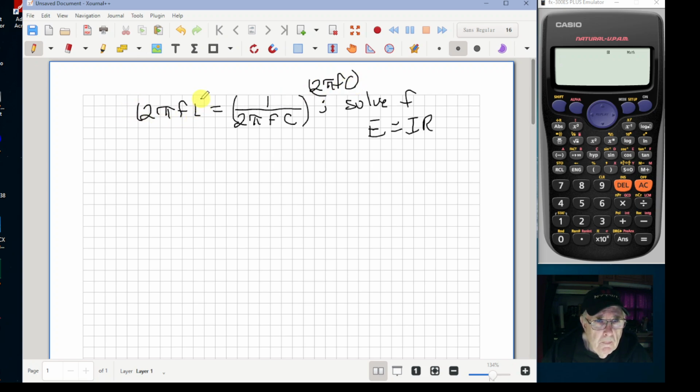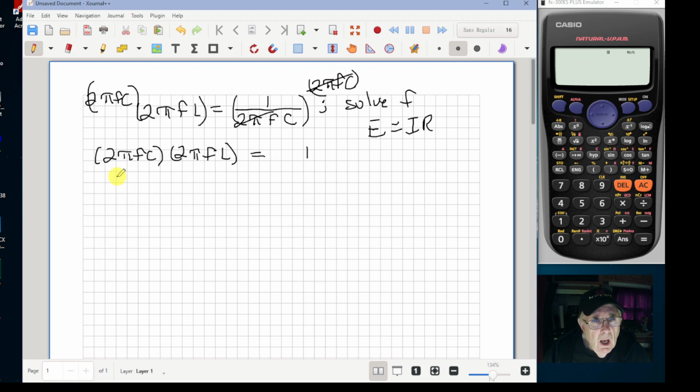That way this cancels this out. So we get 2 pi FC times 2 pi FL, and that multiplication is equal to 1.